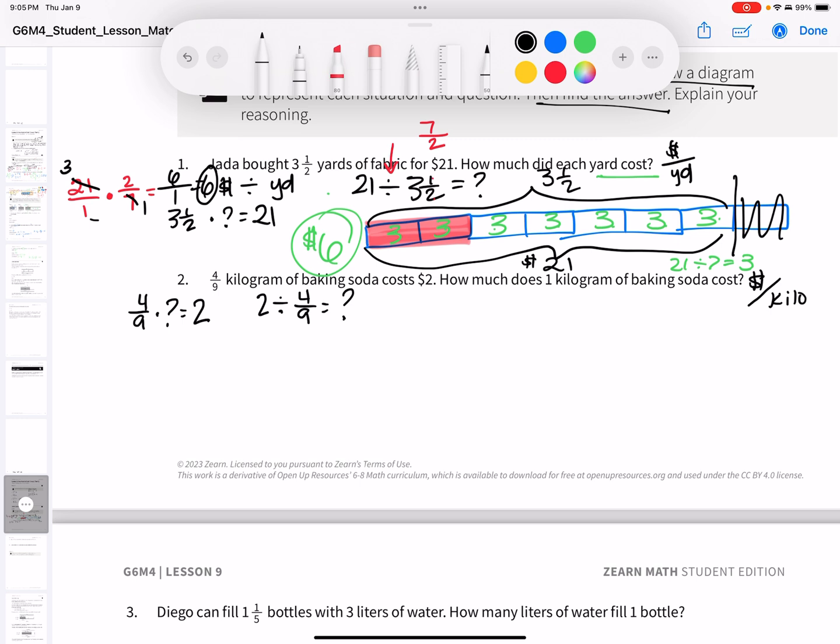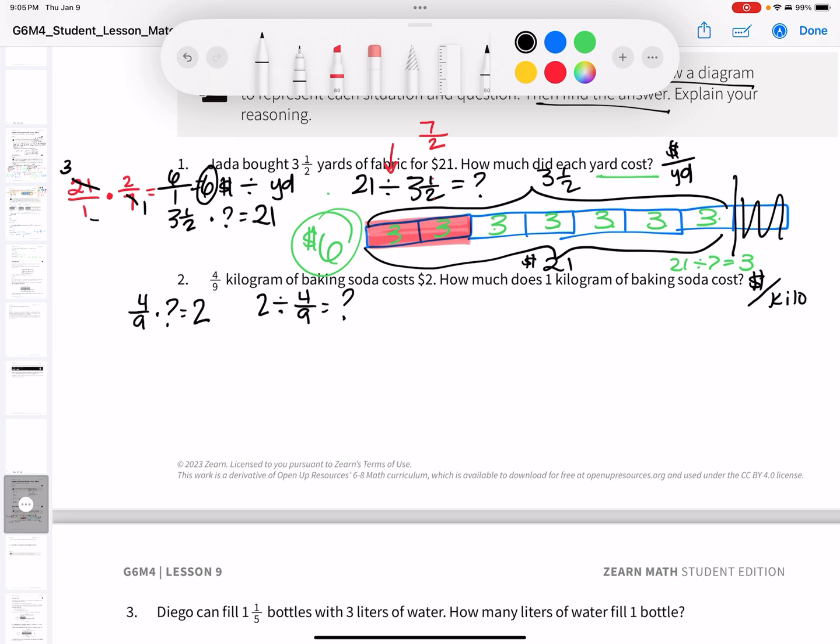All right, so let's draw this. If we know that 4/9 kilograms equals $2, let's draw our 4/9. But we know we can't just draw 4/9. We have to draw a whole and then only look at the 4/9, right?